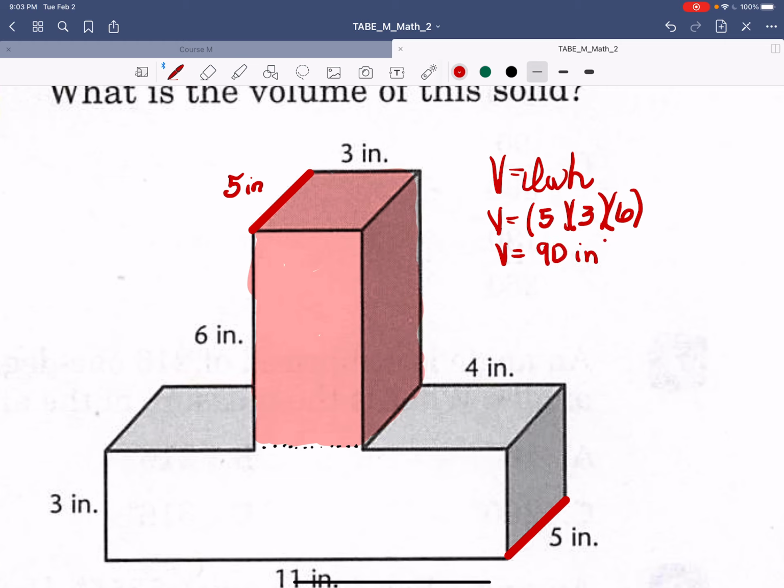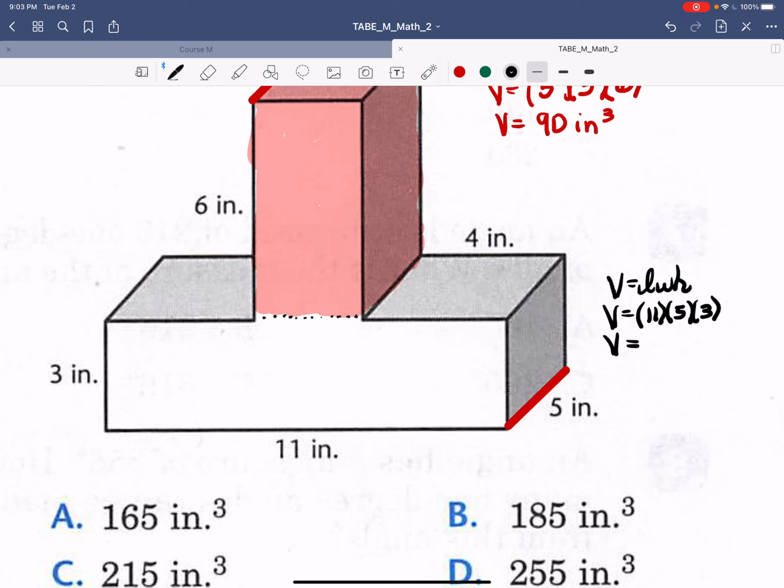Then down here on the bottom, this one's pretty straightforward. I have V equals LWH. So it's 11 long, 5 wide, and 3 high. 11 times 5 times 3 is 165.